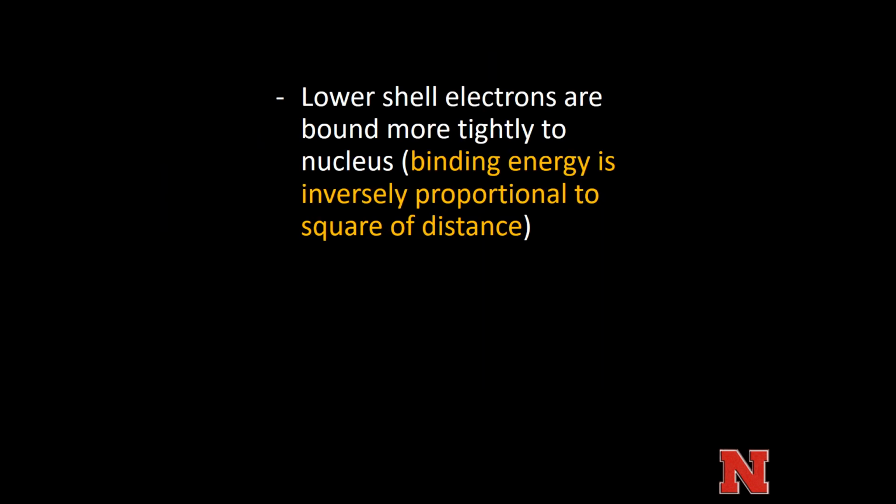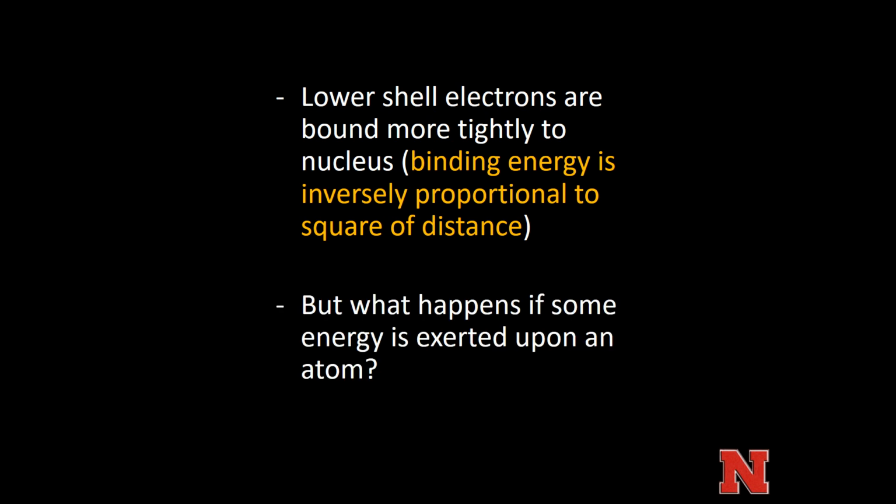Lower shell electrons are bound more tightly to the nucleus, so their binding energy is higher. Binding energy is inversely proportional to the square of the distance. So the closer that an electron gets to the nucleus, it inversely gets more and more bound to that. I should say that the closer that it is to the nucleus, it kind of exponentially gets stronger in attachment, or a higher binding energy.